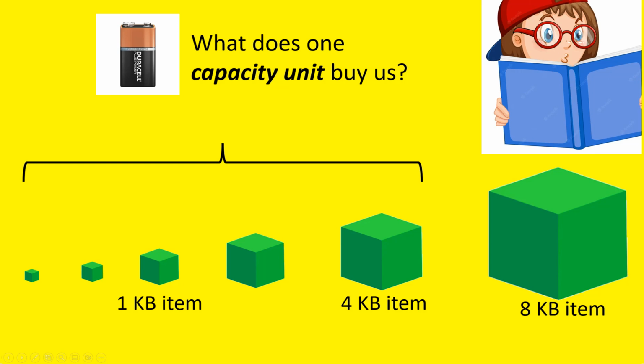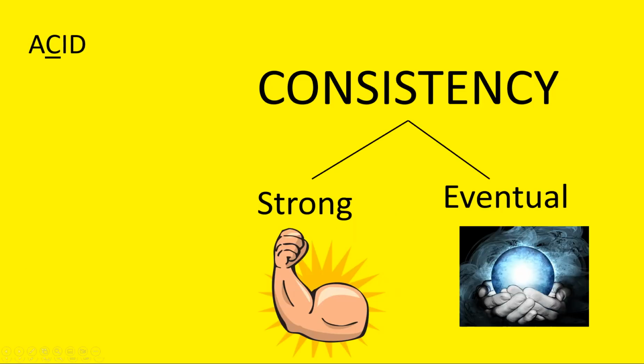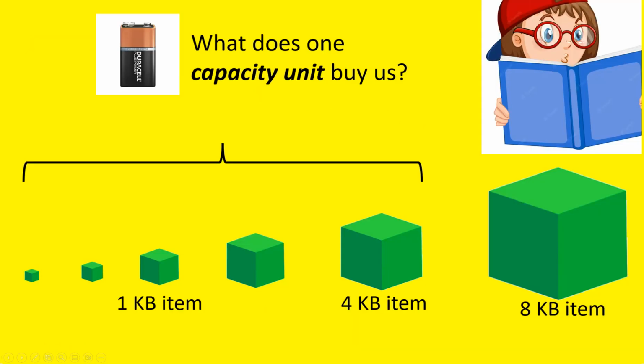So that was for strong consistency. But if you use an eventually consistent read, one RCU buys you 2 eventually consistent reads per second. So you can get more if all you're after is eventual consistency.